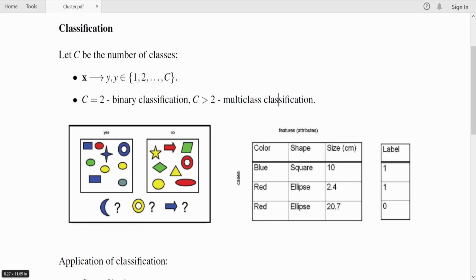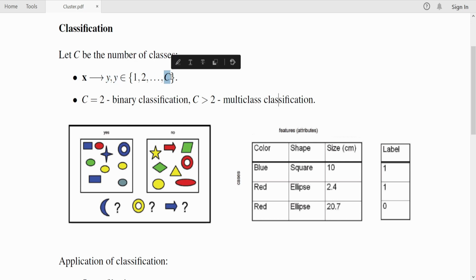So let's first see what classification is. Our goal here is to classify our observations into already known groups. Those groups are called classes. We can formulate this problem a little bit differently as finding a mapping, a function from our input x to our output y, which is actually one of our groups.